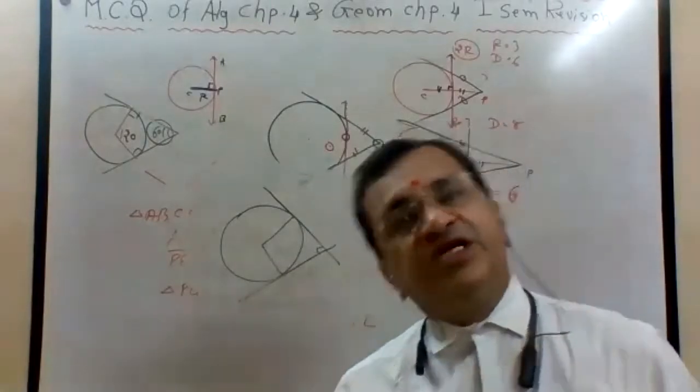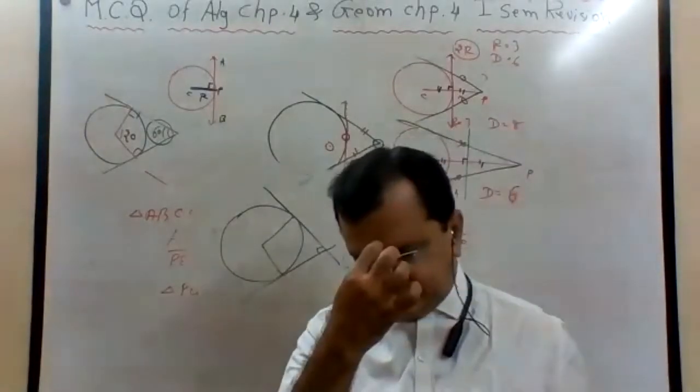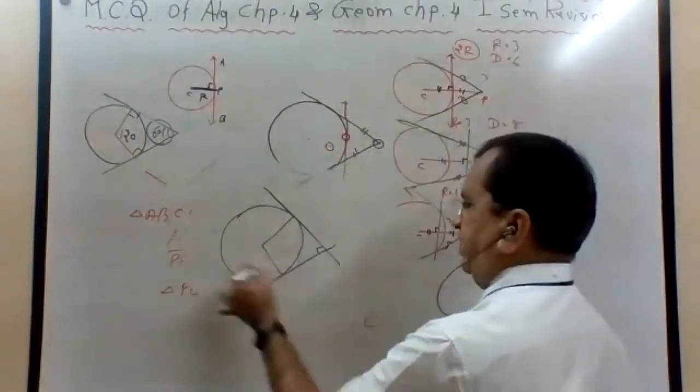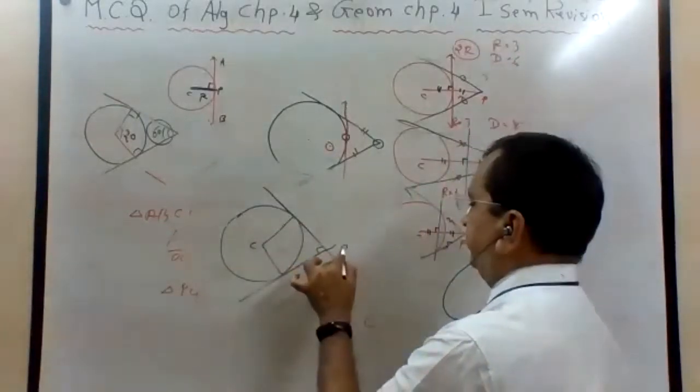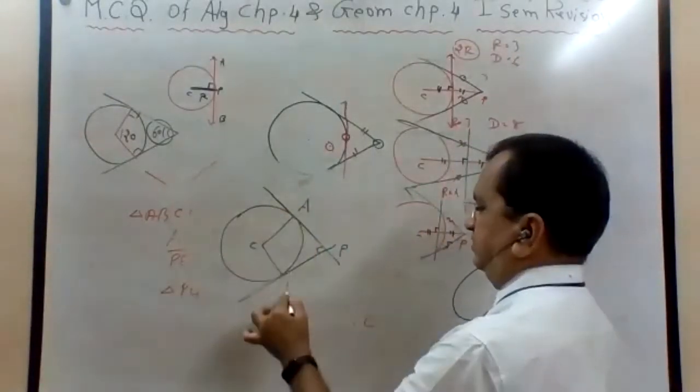So at that time, which type of quadrilateral will form? We will join this radius also, and we will join these two tangents also. This is the center, this is the outside point, and these are the touching points.